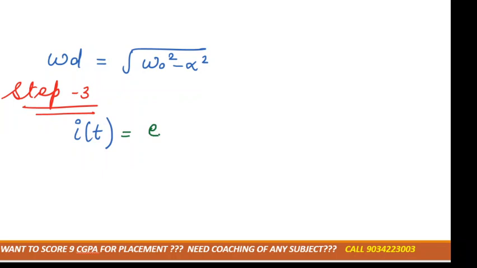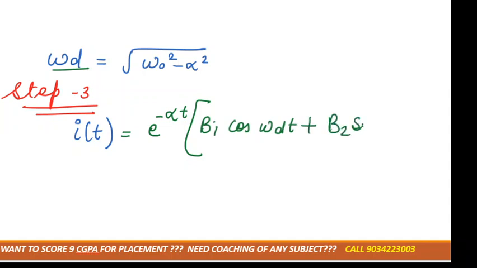It would be equal to e raised to power minus alpha t, that is b1 cos of omega d t. I told you omega d is the damped frequency, plus b2 sine of omega d t. Got it? In this case the equation is different.